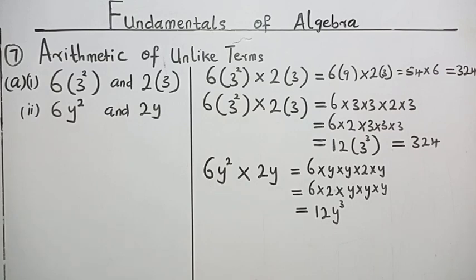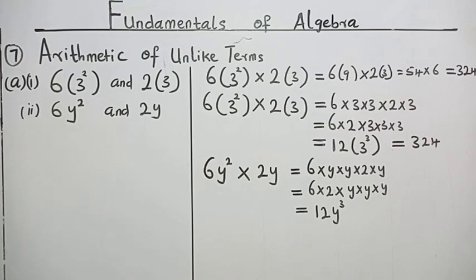Let me now try to write a kind of a mathematical law, a theory, for that matter, that is used for multiplying unlike terms. Before I do that, let me point it out that 6y to the power 2 and 2y are unlike terms because of one thing. The variables are the same, but they differ in power. So the next law I'm going to write in this space will not represent the multiplication of all kinds of unlike terms.